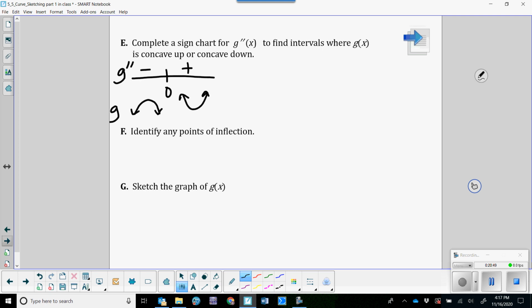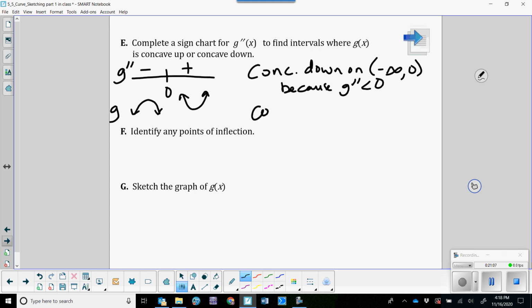And then, when I answer my question, again, concave down on minus infinity to 0 because G double prime is less than 0. Concave up on 0 to infinity because G double prime is greater than 0, okay?